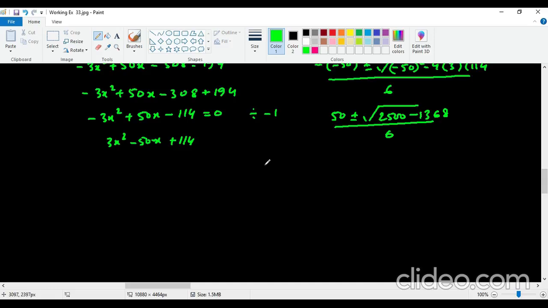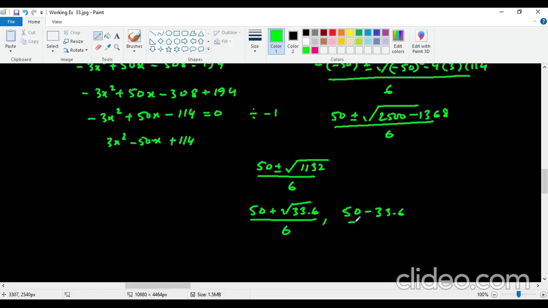Solving it further gives us 50 plus or minus the square root of 1132, divided by 6. So we get two values: 50 plus the square root of 1132 gives us 33.63 divided by 6, and the second value gives us 50 minus the square root of 1132. 33.6 should be removed, divided by 2.